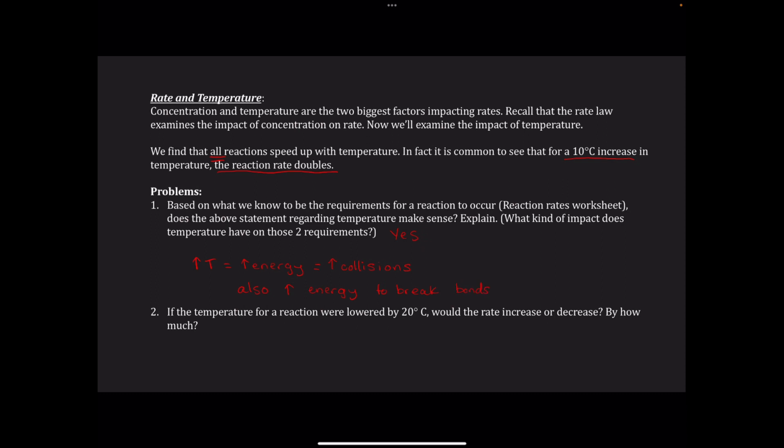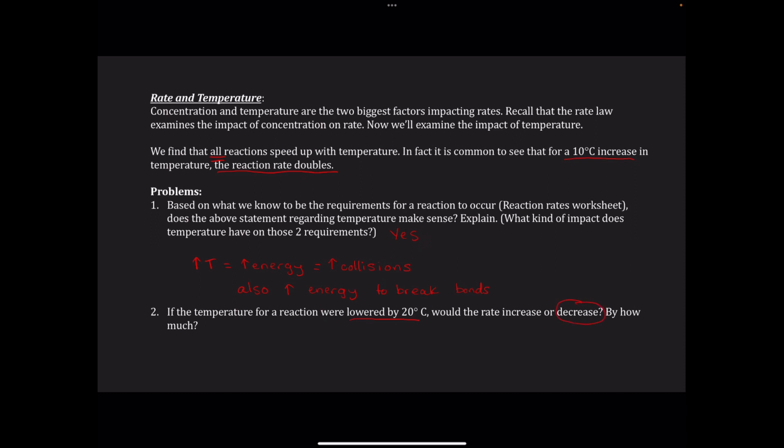Now, if we saw a 10-degree increase resulting in a doubling of our rate, if we were to cut our temperature by 10 degrees, we're going to see the rate cut in half. So with problem 2, we're asked if the temperature were lowered by 20 degrees, how would the rate change? First of all, would the rate increase or decrease? If we are lowering temperature, the rate is going to decrease.